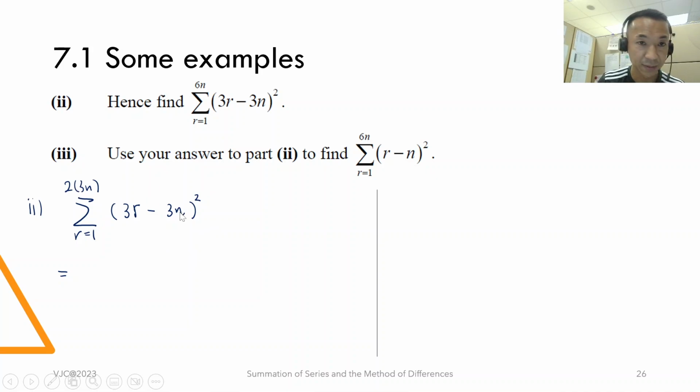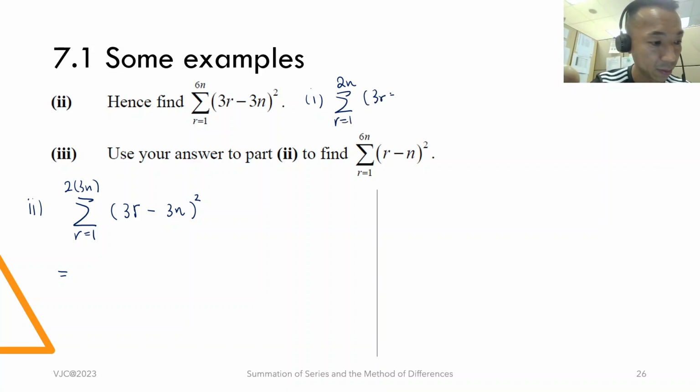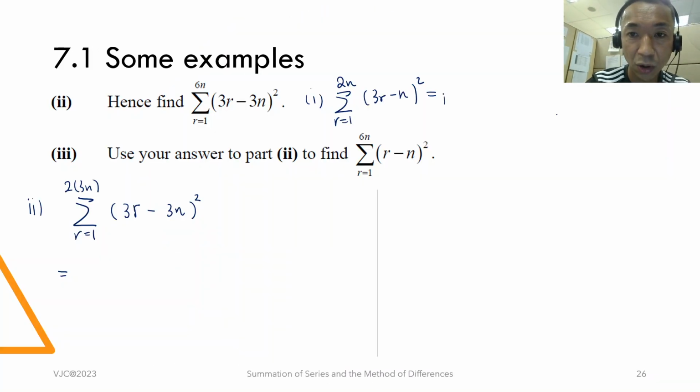Yes, because from part 1, maybe I write, part 1's result was this. Right? Part 1's result was equal to some, oops, sorry, some long looking thing. Correct? n times 14n squared plus 12n plus 3.